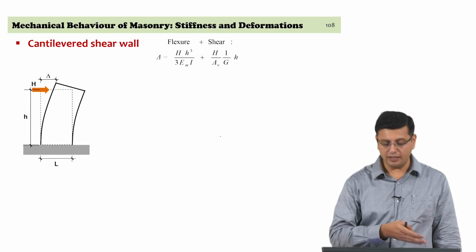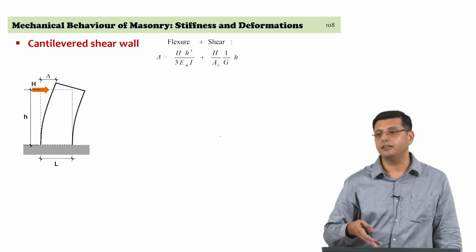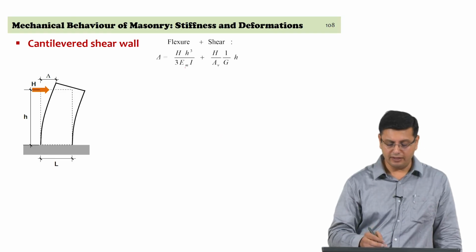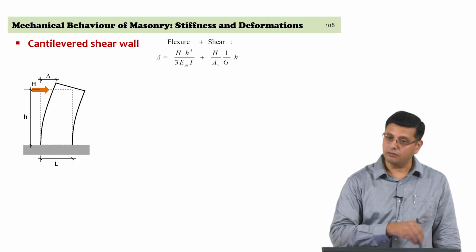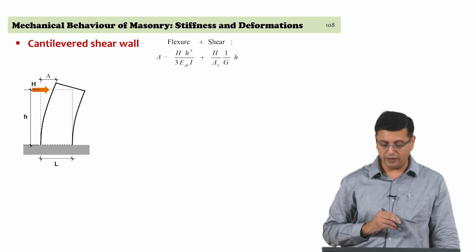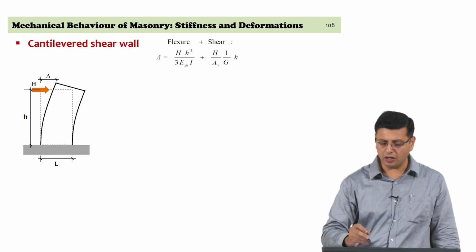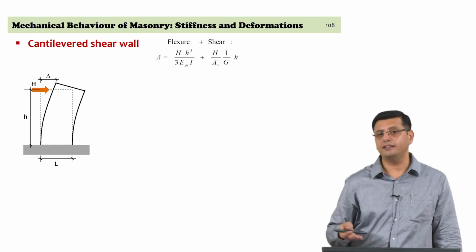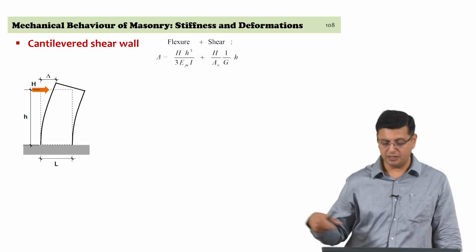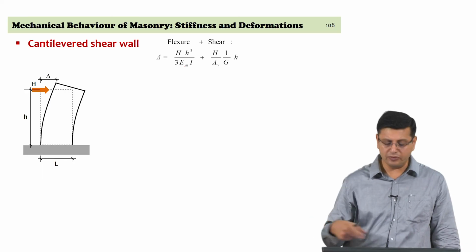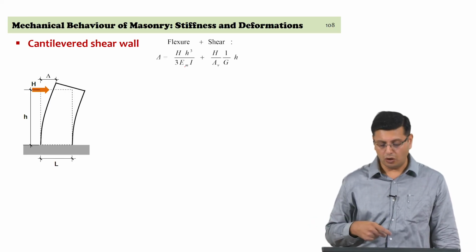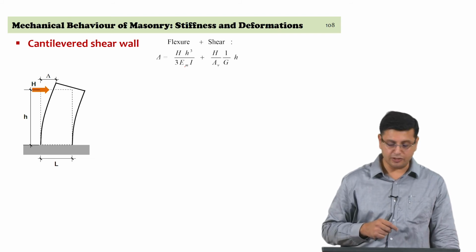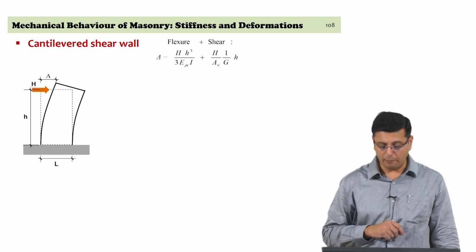When we assume that the deformation profile is a cantilevered deformation profile, the flexural component is the lateral force H into h cube divided by 3 EI, where E here is the overall masonry modulus of elasticity. The shear component is the shear force divided by the shear area, which is different from the total area of cross section of the wall, divided by the shear modulus, into the height of the wall panel itself.